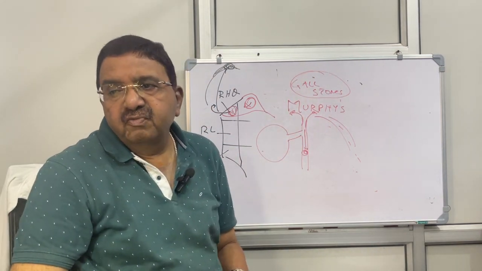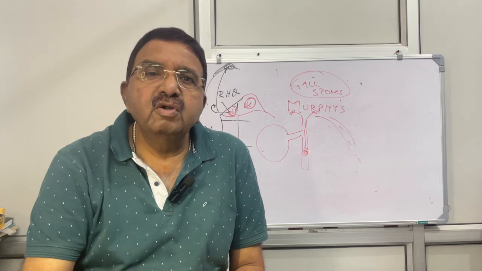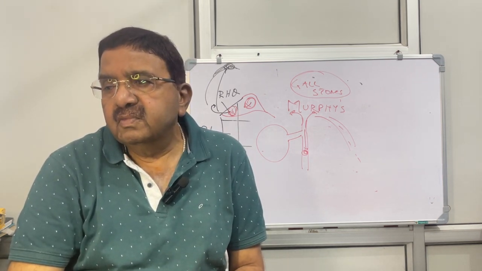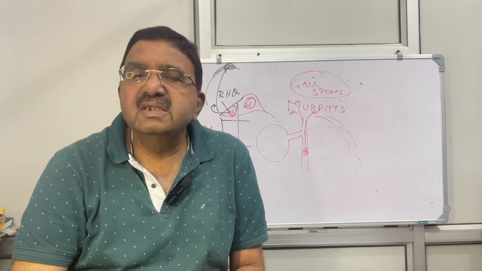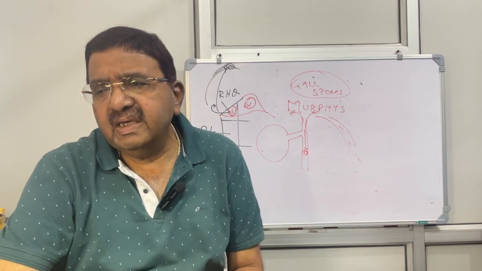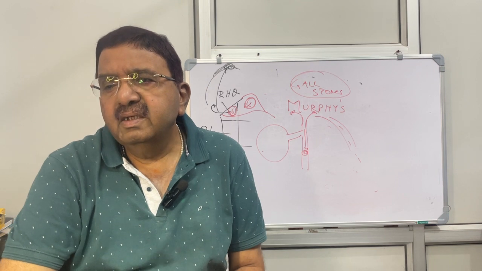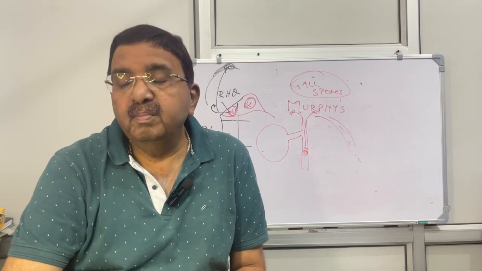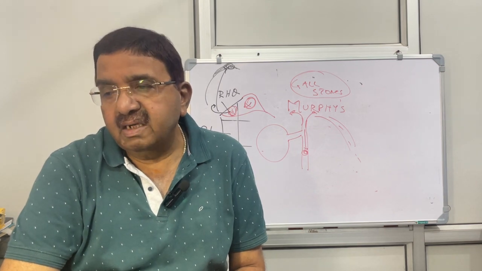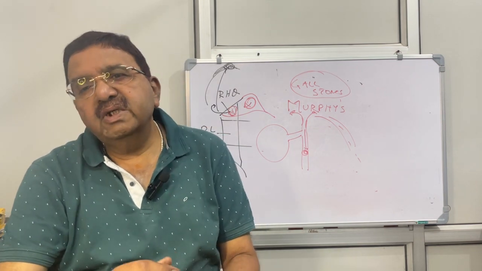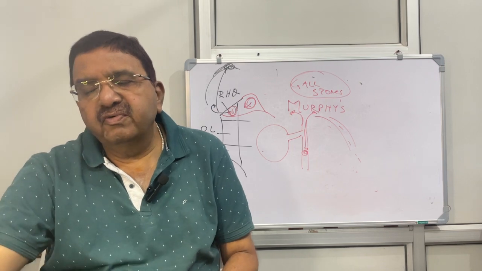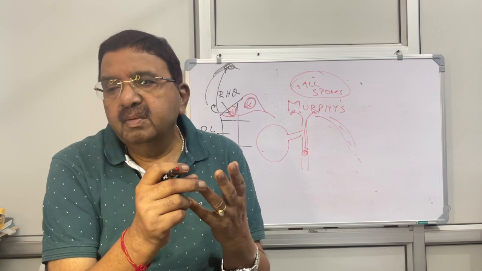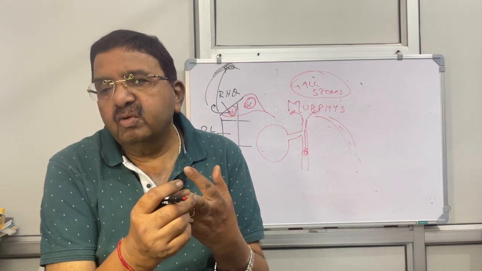So gallstones are formed due to precipitation of crystals of common salts like calcium bilirubinate and further bilirubin and bile salts. So it's a combination of various elements like calcium, bilirubin and cholesterol.